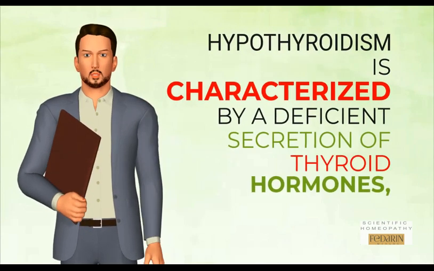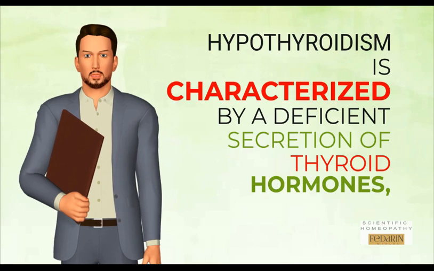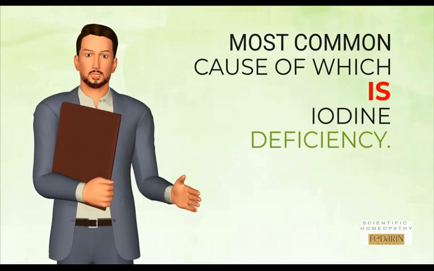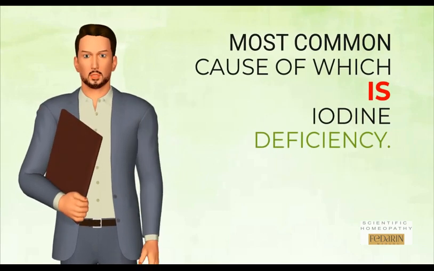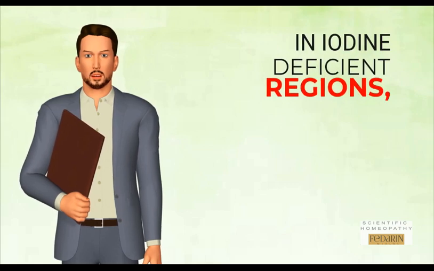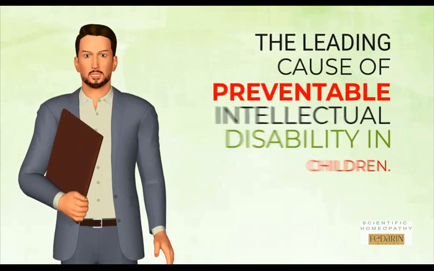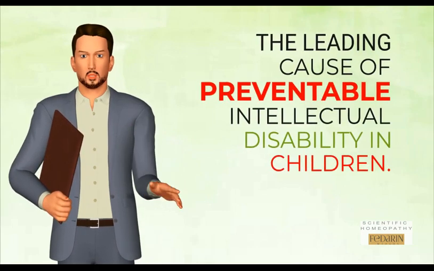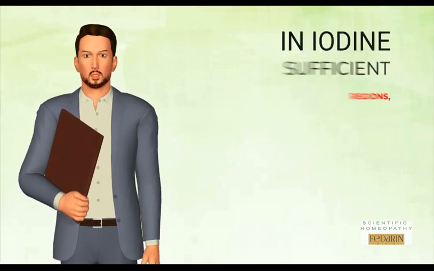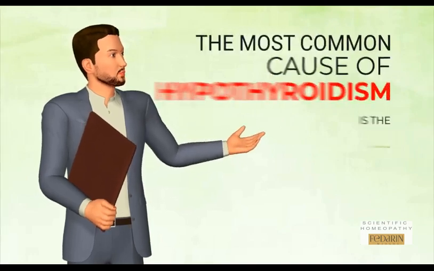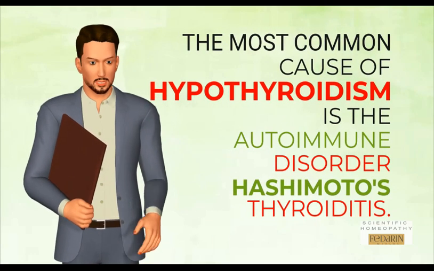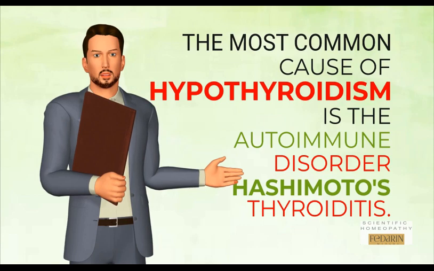Hypothyroidism is characterized by a deficient secretion of thyroid hormones, most common cause of which is iodine deficiency. In iodine-deficient regions, hypothyroidism secondary to iodine deficiency is the leading cause of preventable intellectual disability in children. In iodine-sufficient regions, the most common cause of hypothyroidism is the autoimmune disorder Hashimoto's thyroiditis.